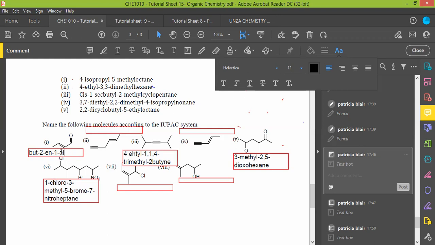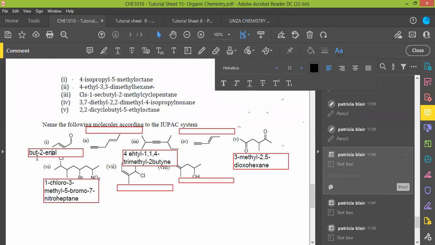So this is optional. The putting of 1 there is optional because for an aldehyde, it's always going to be in position number 1. It is like a carboxylic acid. The carboxylic acid will always be on carbon number 1. So there's no need for you to show where it is. So you just saying like that is going to be fine.